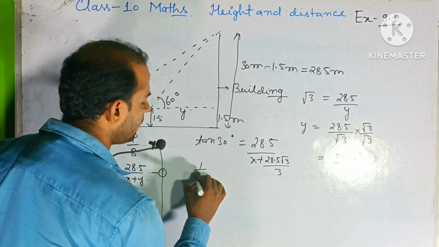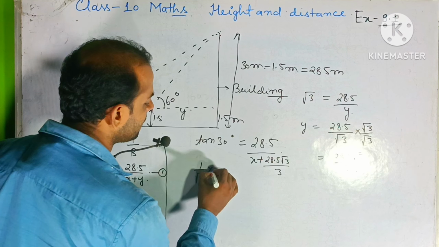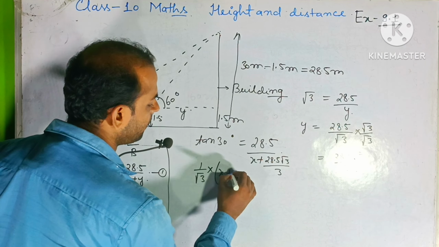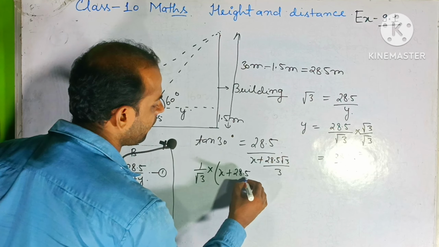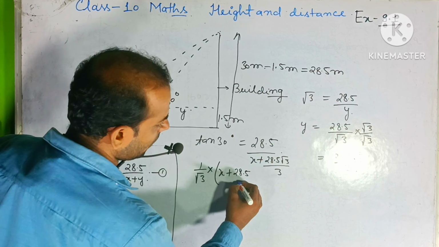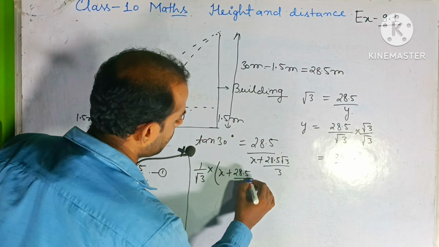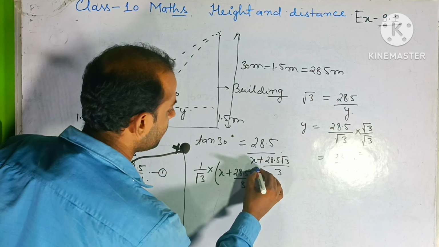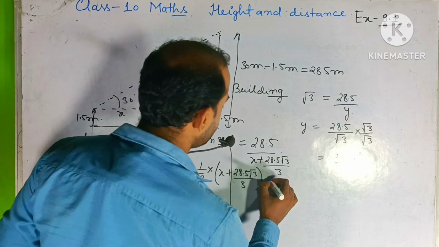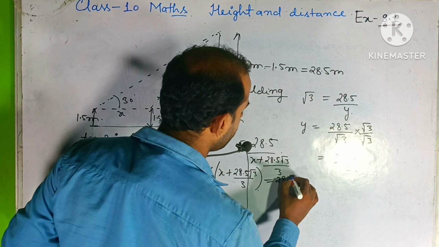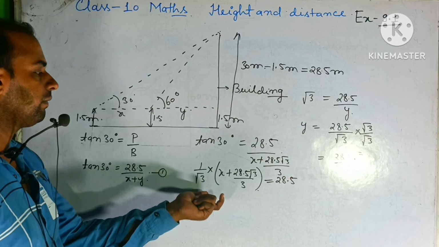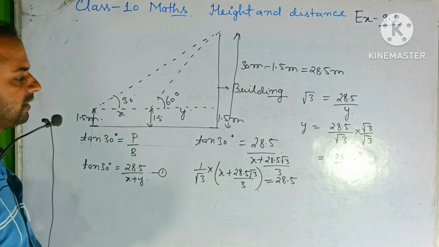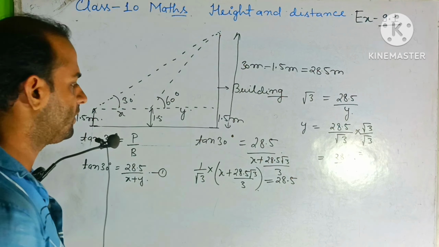Now this will come to that side and it will be multiplied, plus 28.5 root 3 upon 3, and this part is 28.5 only. Now we will solve this much portion and you will get the answer. Let us see how the answer comes. So for that I am clearing this portion.